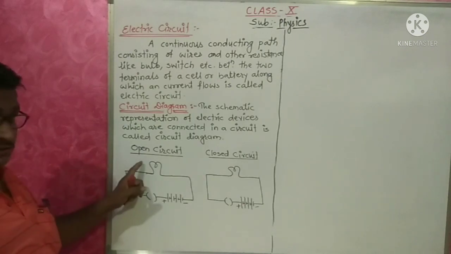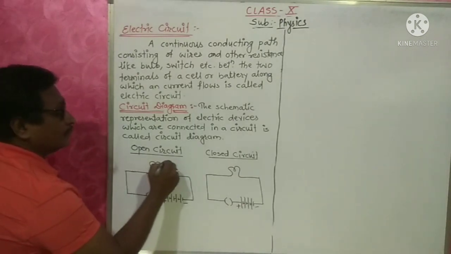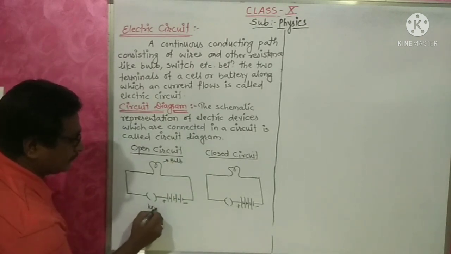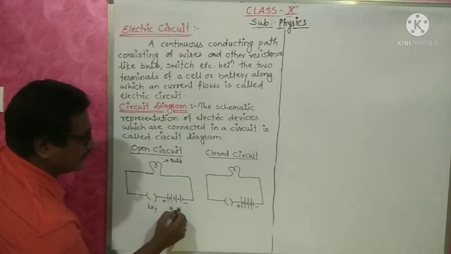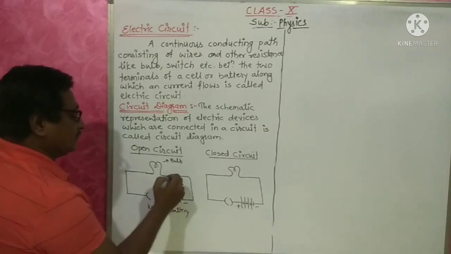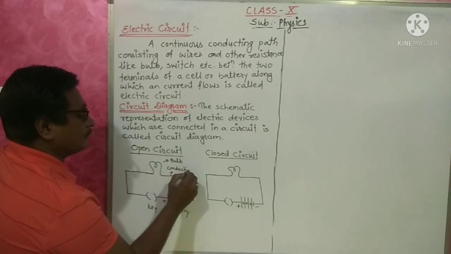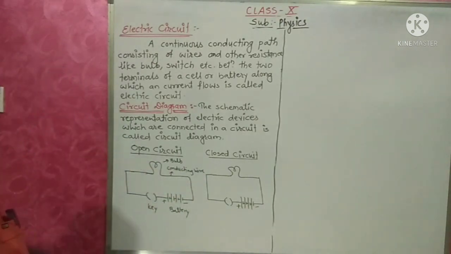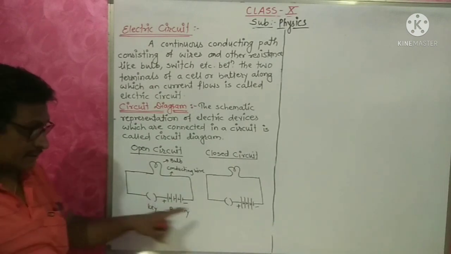This is the bulb, this is the key, this is the battery, and this one is the conducting wire.